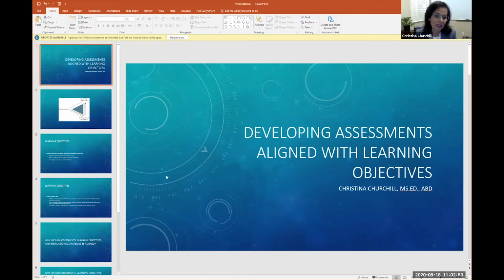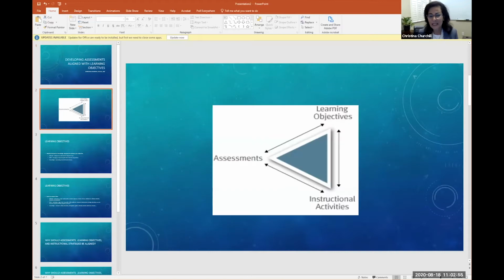So let's take a look at this little chart, because I feel like having a visual helps tie everything together. You have your learning objective, and students should be able to do a certain task by the end of the course. We'll talk about what a learning objective is and how to put it together. Everything you do should tie into that learning objective.